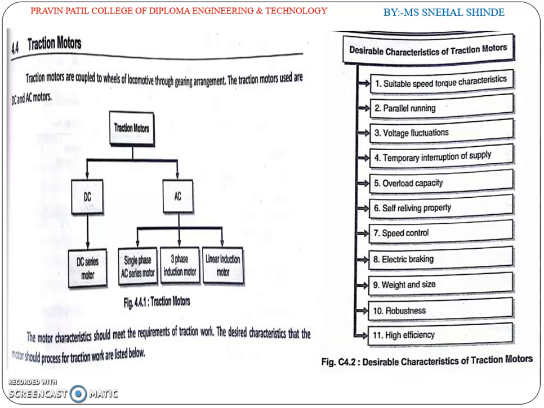Next is the robustness. Motors are subjected to severe conditions. These motors should be robust enough to withstand such severe conditions, and the motor should further be provided with mechanical protection such as an enclosure so as to prevent dust, dirt, water, mud.